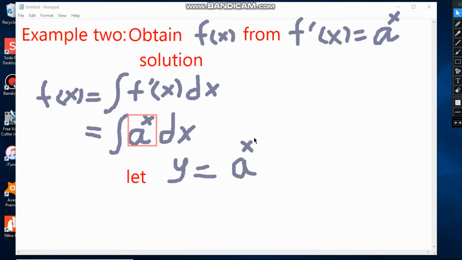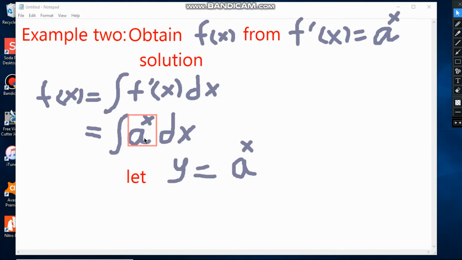To simplify this expression, we use an algebra technique. When you look at this, we cannot directly integrate this exponential, because when we think about what function will give this result when we differentiate, there is no such function.